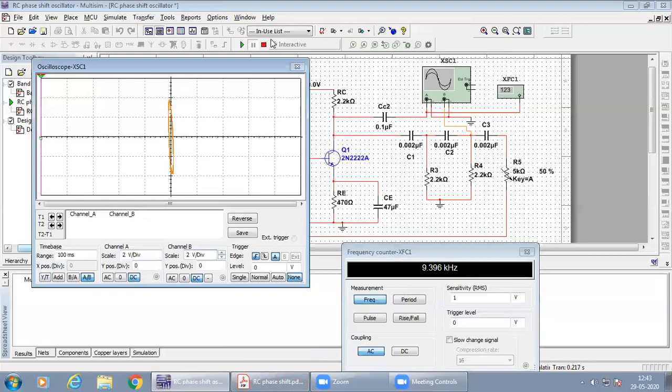Next, let's stop the simulation and shift the test point to C3 and R5.